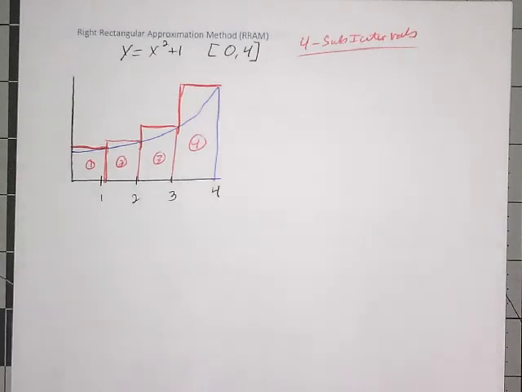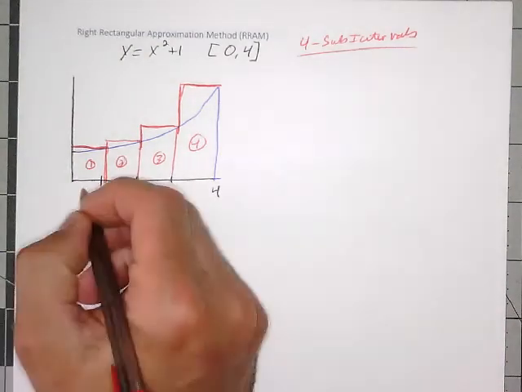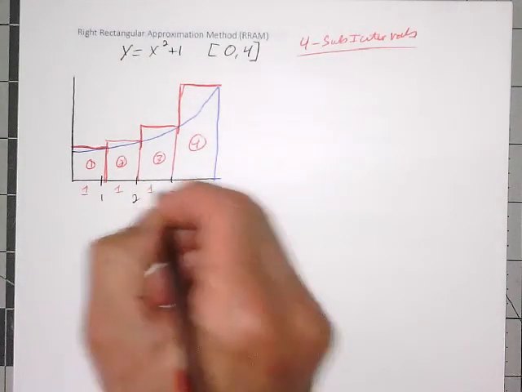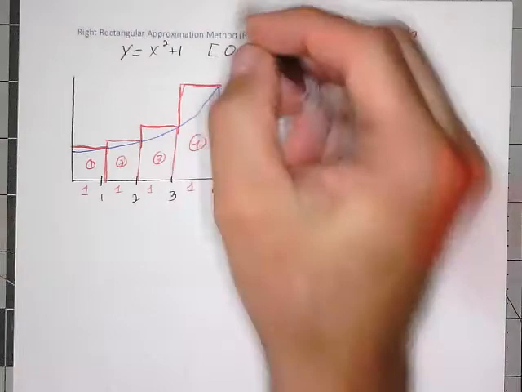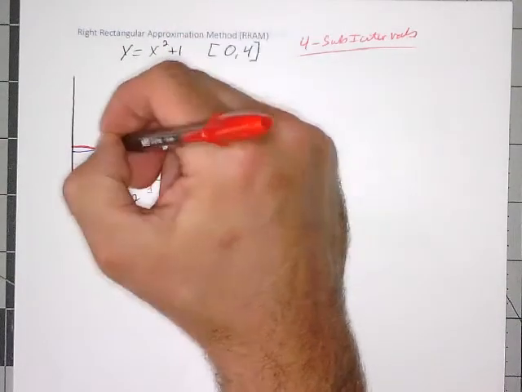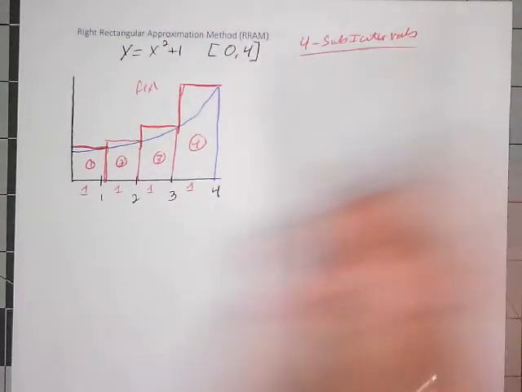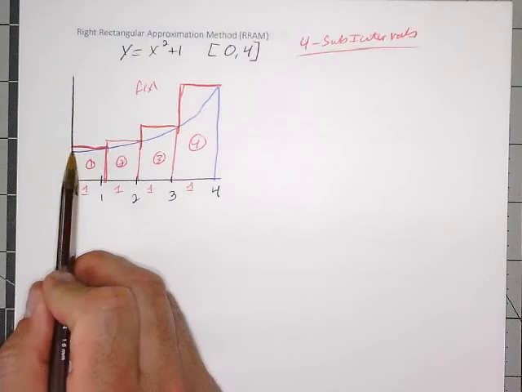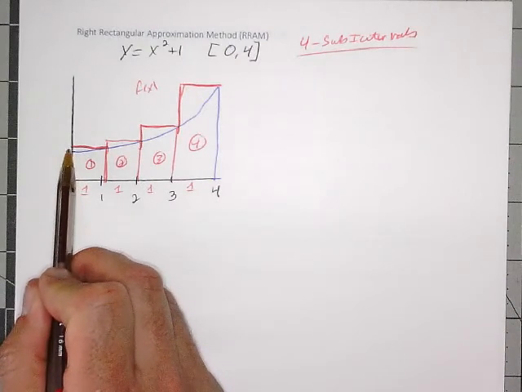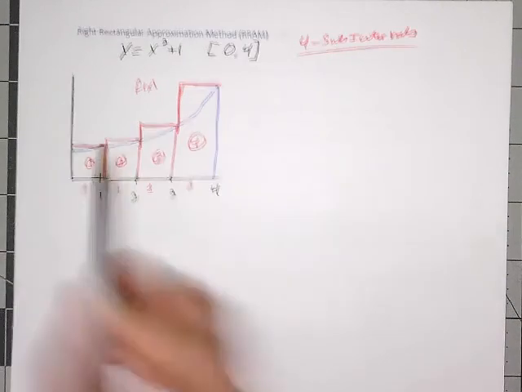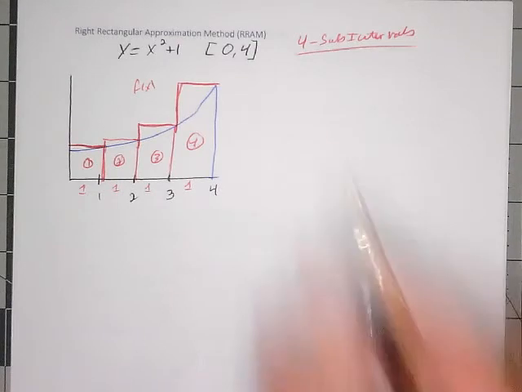Okay. And then this basically is the same thing that we just did before, all right? Only instead now, each of these again have a base of 1, but they still have a height of f of x. Before, when we were doing the left, we started with f of 0. We're not going to start with f of 0 this time. This time we're going to start with f of 1.